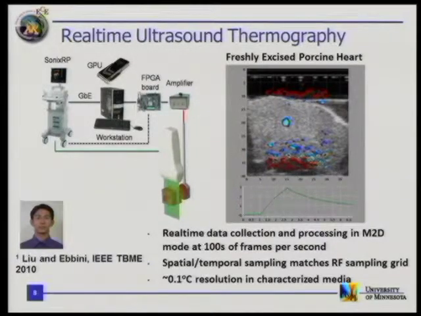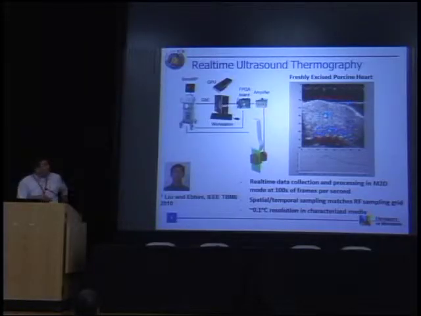The data is collected in RF mode, sampled at 40 megahertz through a gigabit interface. All the processing happens on a GPU on this computer. Basically, you compute the speckle tracking result using a complex cross-correlation technique, and then you differentiate in the axial direction, plus some simple 2D filtering.